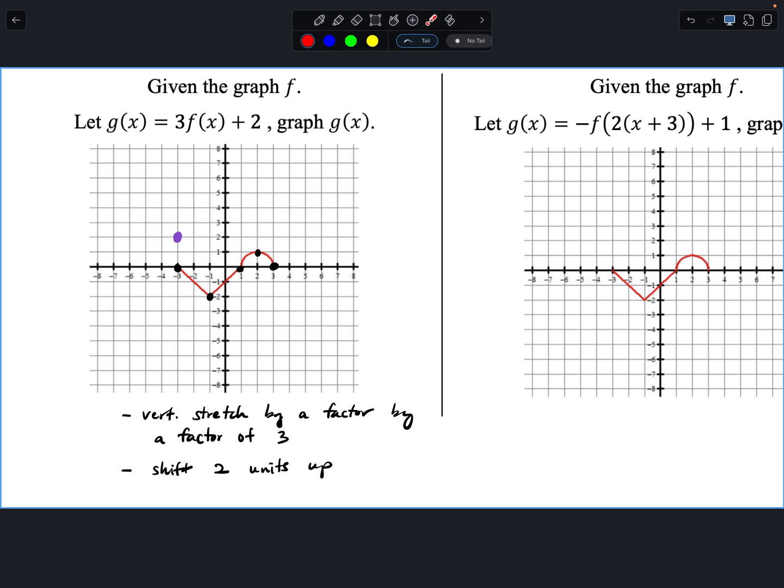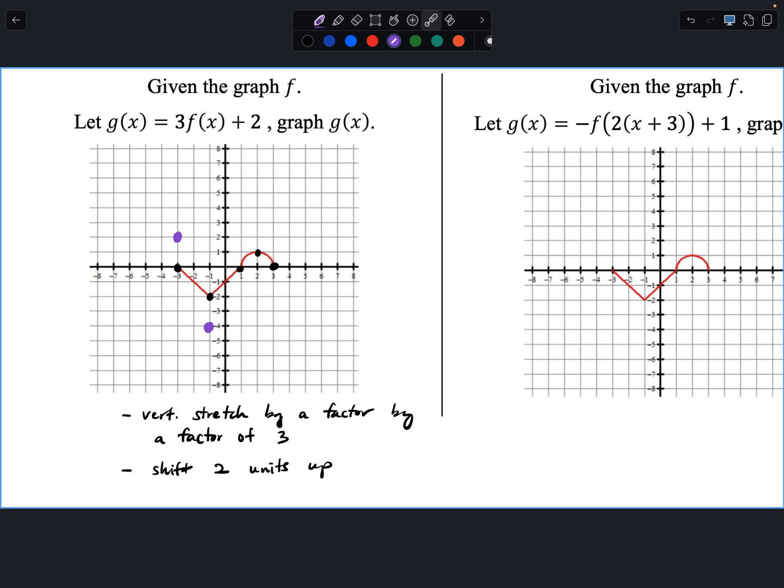Okay. What's the y value here? -2. What's -2 times 3? -6. So I'm going to move my cursor down to -6 and hold it there because I'm still supposed to go up 2. So from here, if I go up 2, it's going to go up to -4.